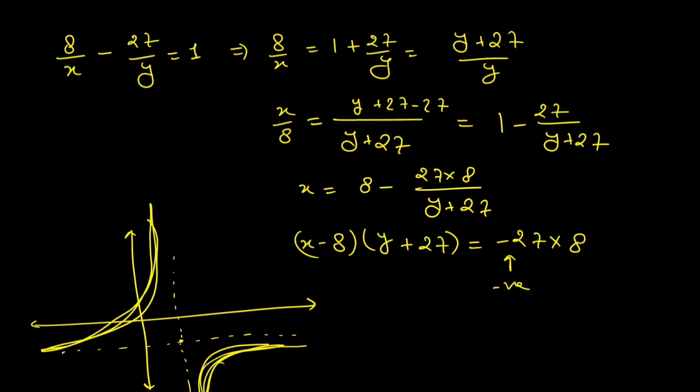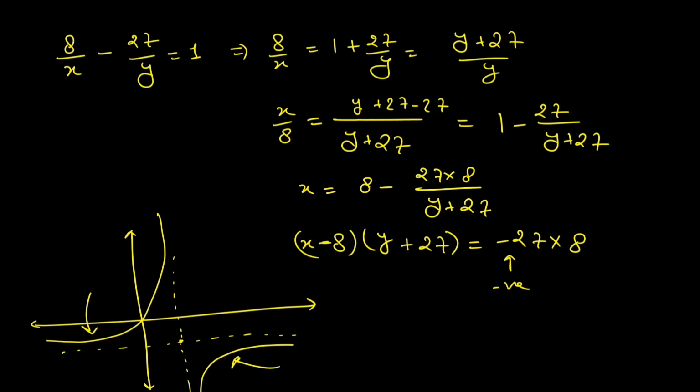Okay, let's draw this neatly like this. Now you can see that if we take here, then we are getting negative values. Here also we are getting negative values. The only positive values we are getting are here. Hence, if we choose y as positive in this question, then we will definitely get x as positive, right?